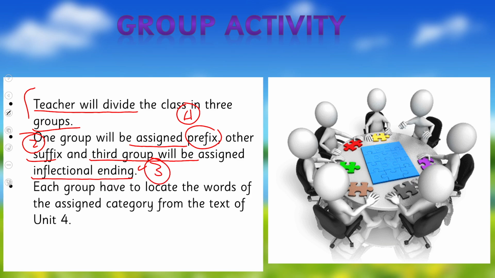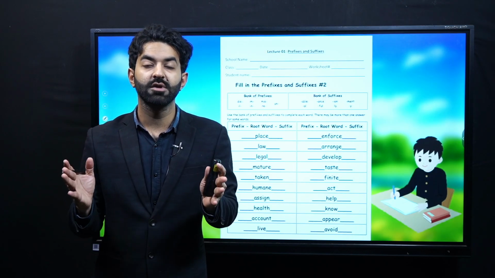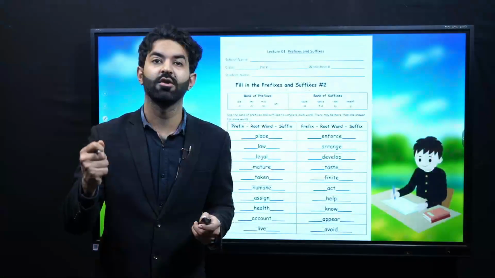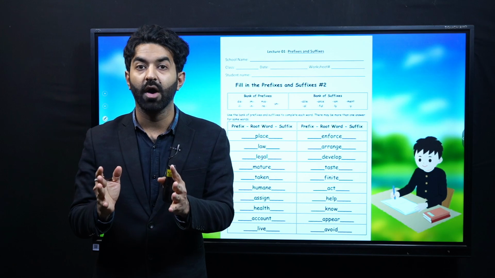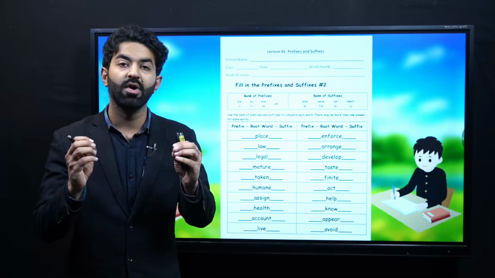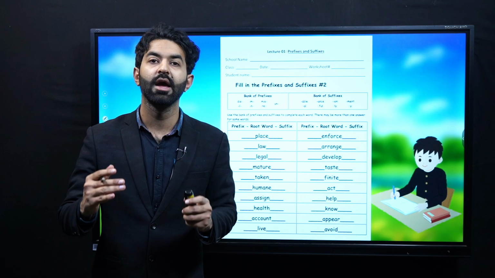Each group has to locate the words of the assigned category from the text of unit number 4. Now, use your detective skills, use your understanding, and find the words that you are assigned. You have a worksheet attached where you have to place the correct prefix and suffix accordingly and submit it to your teacher.